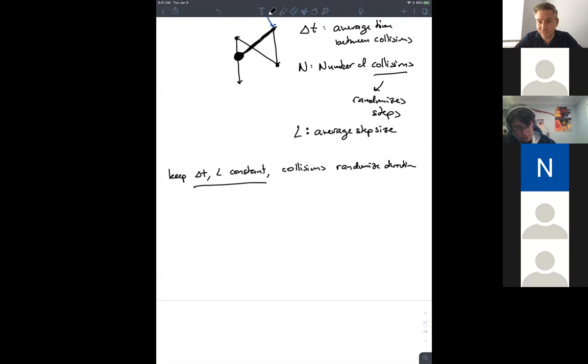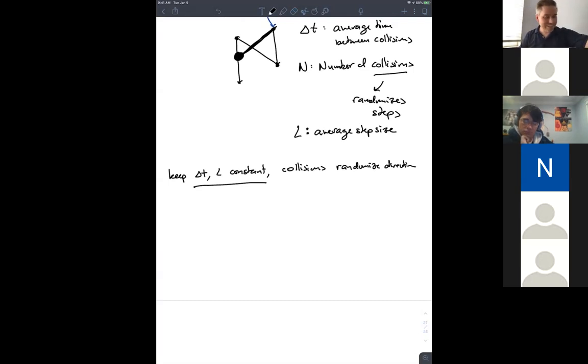But it turns out that if you go through and do the high-powered, full-on, hardcore version where you let everything be random, you still get the same answer. So without loss of generality, that's professor talk, we're going to keep delta t and L constant, and we're just going to randomize direction.